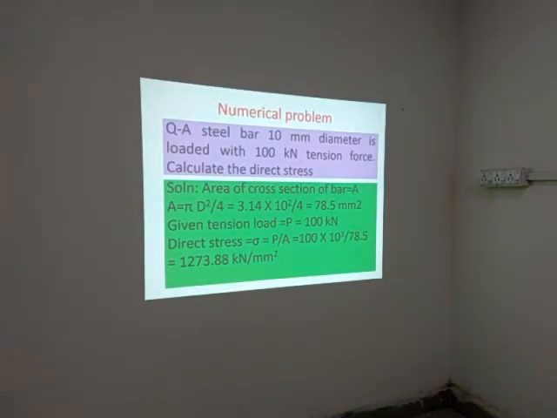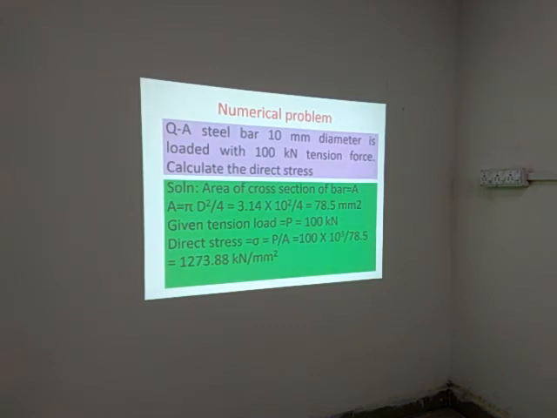For a better understanding of direct stress, we have taken a numerical problem. The question is: a steel bar 10 mm in diameter is loaded with 100 kN tension force. Calculate the direct stress. To begin the solution, we take the given parameters. The diameter of the cross section is 10 mm, a cylindrical cross section.